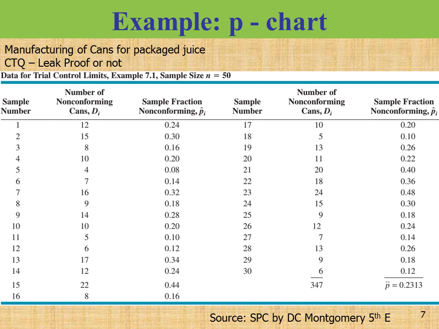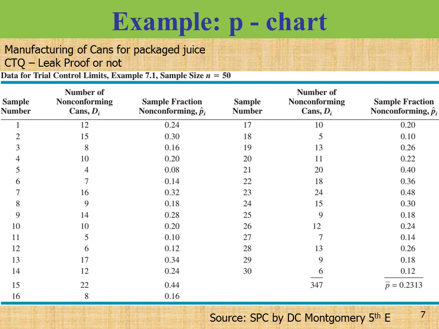Then for this manufacturing process of cans, we find how many non-conforming cans are manufactured, that is, we evaluate the di value and record it in the second and fifth columns. After measuring the di value, we need to find the fraction non-conforming, that is pi cap, for each sample, and for that purpose we divide di by the sample size small n.